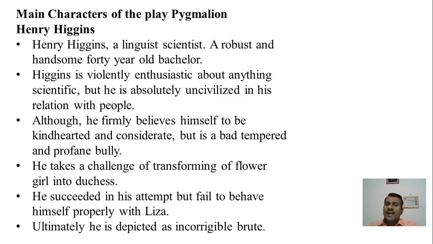He is absolutely uncivilized in his relation with people. Professionally, he is so enthusiastic to conduct research and know about different varieties of language, dialects, idiolects, pronunciation, etc. But he seems to be very uncivilized in his relationship with people.